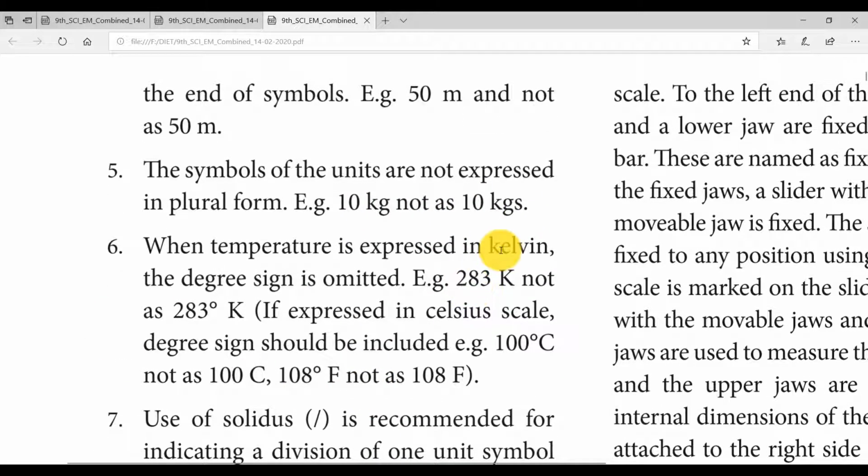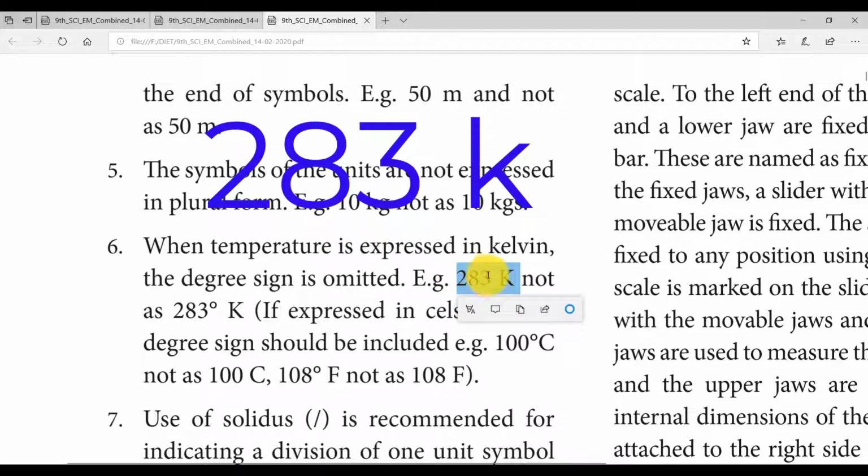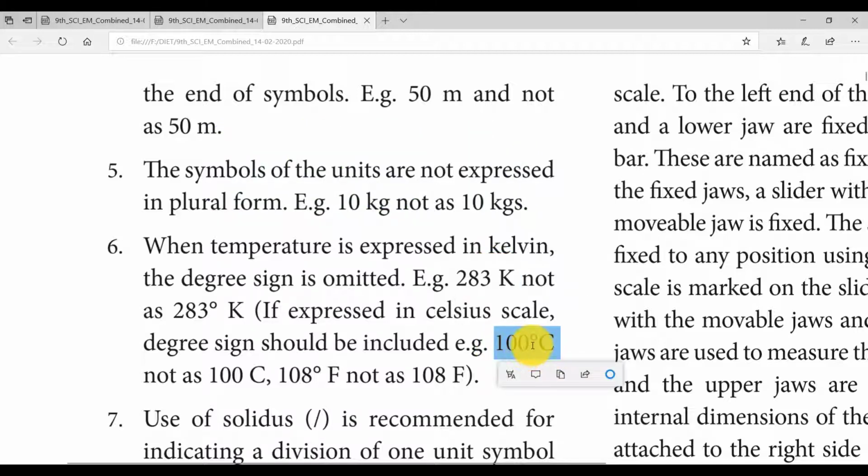Then when you write the temperature, if it is kelvin, the degree sign should not be used. See here, it is 283 K only. You should not write any degree sign here. But when you write degree Celsius, you have to use the degree sign. Okay, now it is very clear. 283 degree K is the wrong expression.